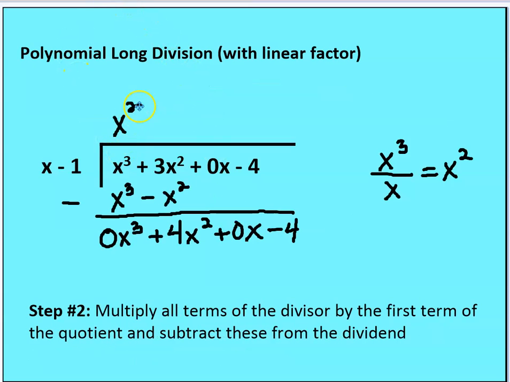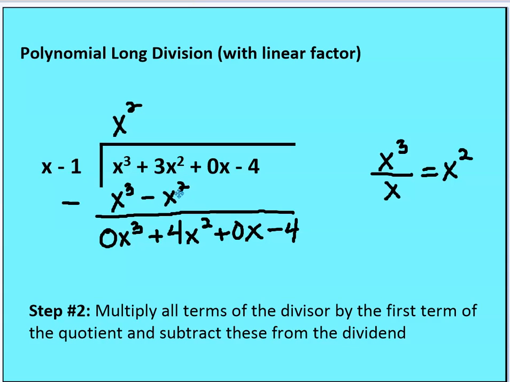All right, so now we have x squared here. We're going to multiply x squared times each value in the divisor. So x squared times x is x cubed. x squared times minus 1 is minus x squared.